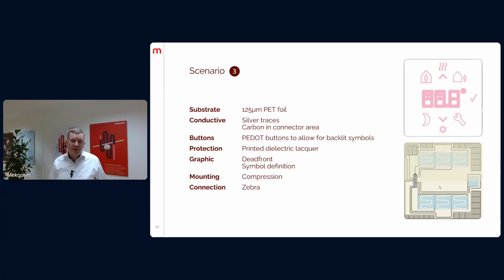Then we can add multiple layers of non-conductive inks to create both symbol definition as well as light diffusing effect and dead front effect. So these were three examples of touch electrode designs or touch foil designs combining different technologies to create a functional touch foil. And now we'll go to the Q&A section.